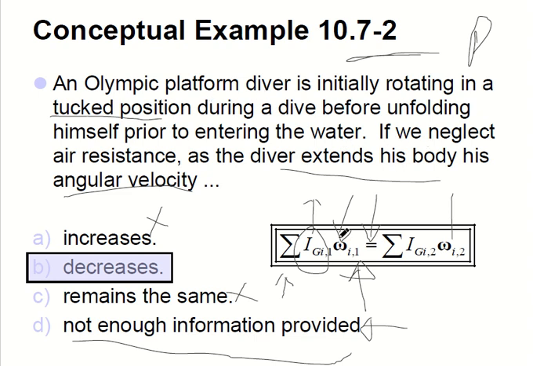Your mass moment of inertia is going to increase by changing the position from the compact tuck position into the extended position. So to preserve this conservation principle, you have to decrease the angular velocity, because your angular velocity will automatically decrease as soon as the mass moment of inertia increases, in order to hold that principle intact.